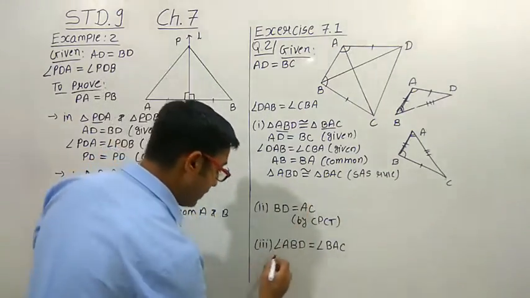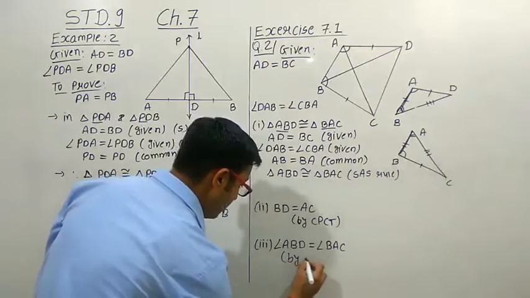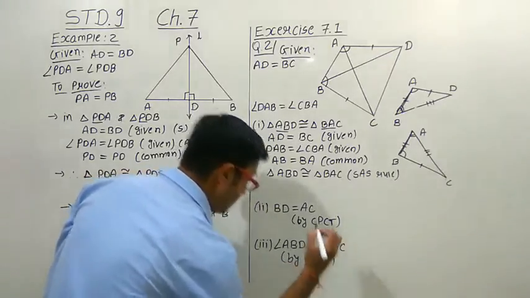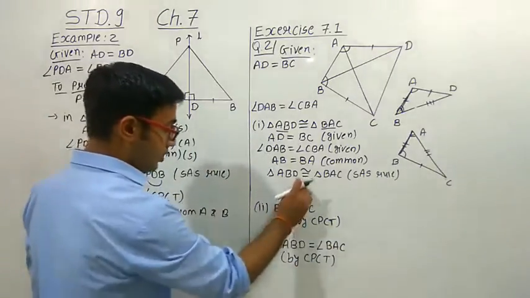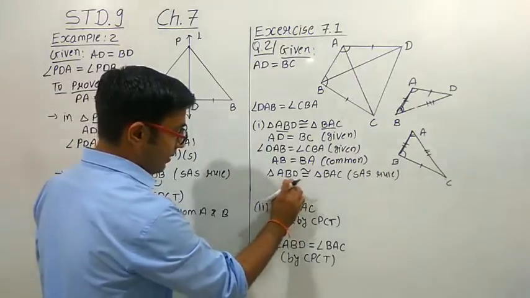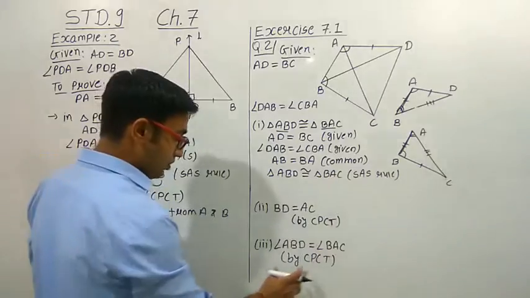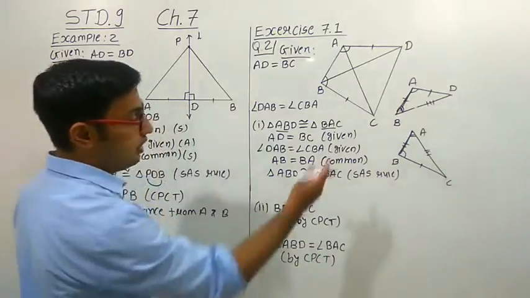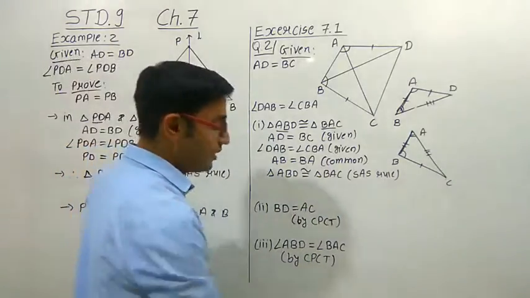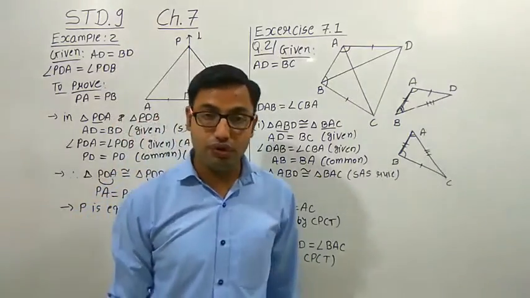Both the angles will again become equal by CPCT. According to the name, we can also check angle ABD, first, second, third, BAC. So these angles will also become equal according to the rule of CPCT, corresponding parts of congruent triangles.